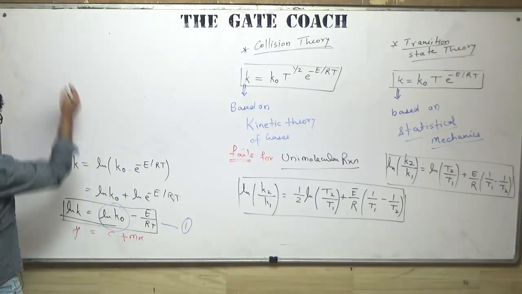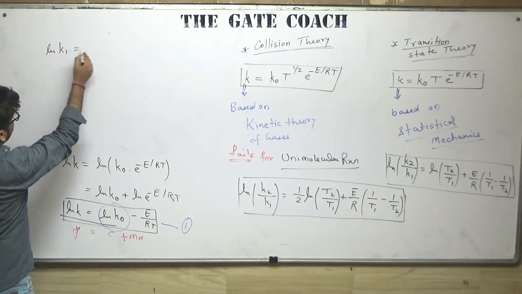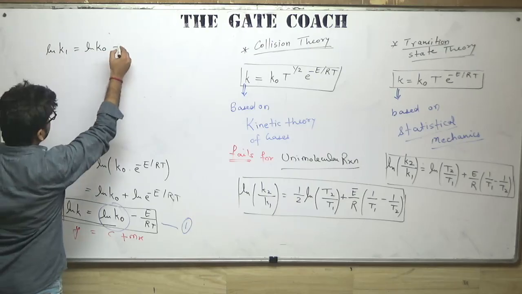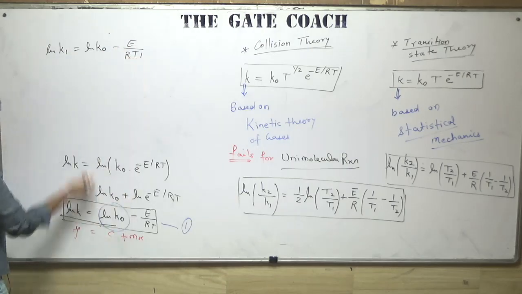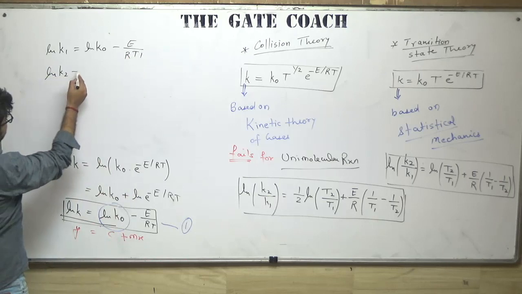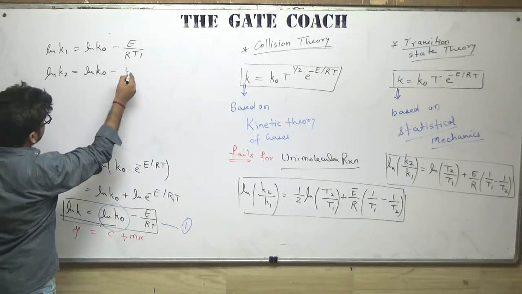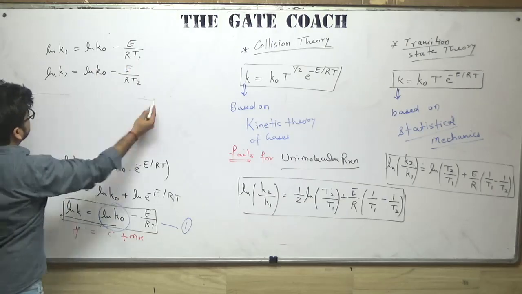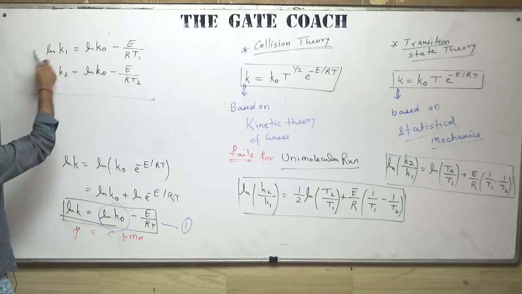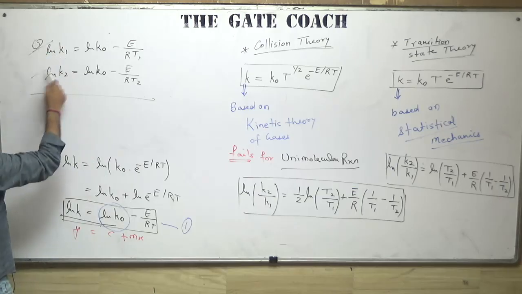Here you can see at temperature T1 rate constant K will be K1. Similarly at temperature T2 rate constant will be K2. So subtract equation 1 from 2.